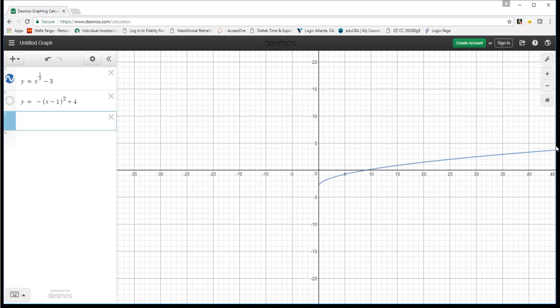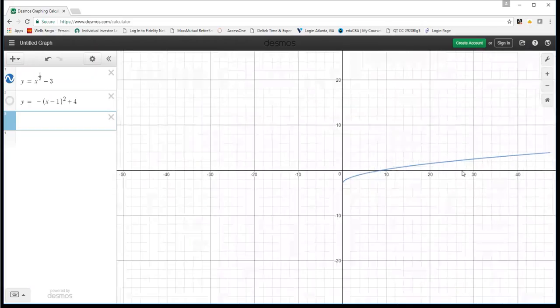So then for our range, we're being asked, what are the possible values of y? Well, x can't be less than 0, so y can't be less than negative 3. And being that that's the case, our range is going to start at negative 3, and as x gets closer to infinity, y is going to get close to infinity too, so our range is going to be -3 to infinity.